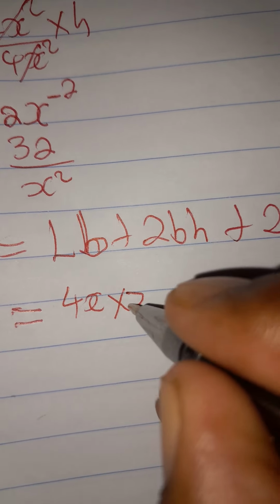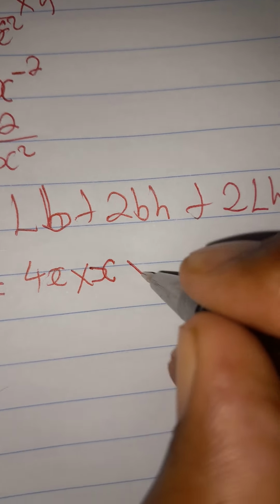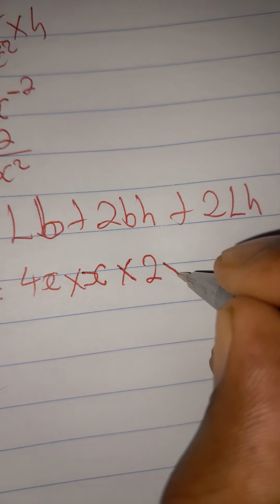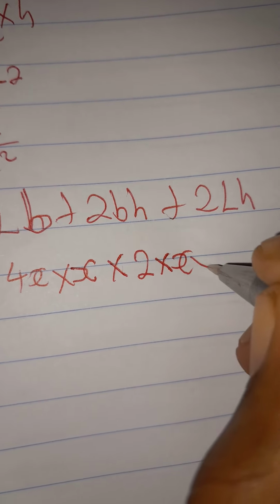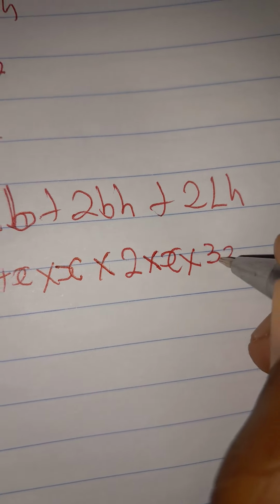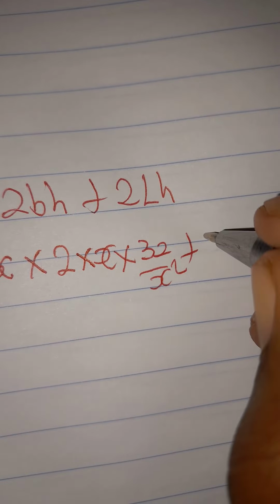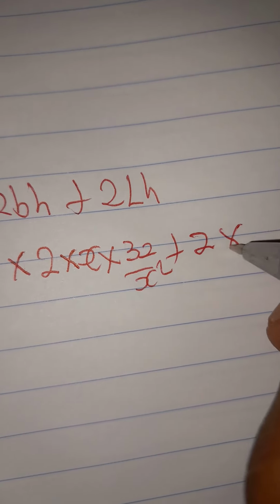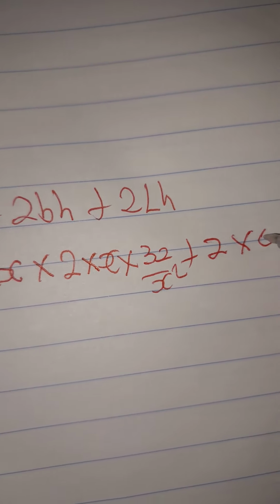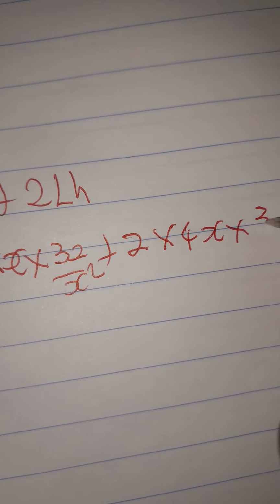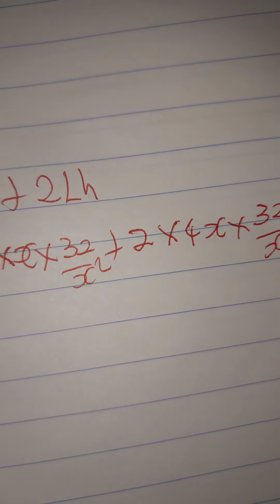So our base, or width, will be x. Times 2, what is our base? The base is x there, times h which is 32 all over x², plus 2 times the length. The length we know is given as 4x times the height, which is 32 all over x².